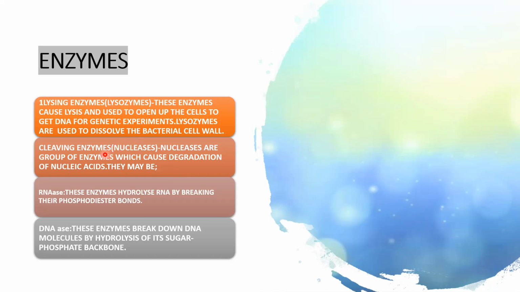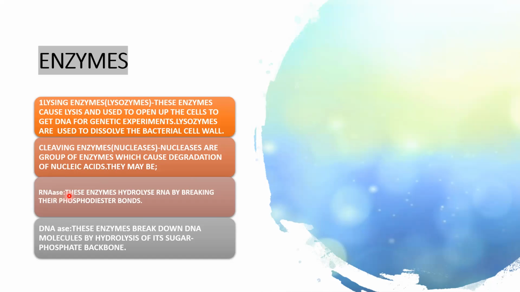Then the second category of enzymes are cleaving enzymes, or we call them nucleases. Nucleases are enzymes which will degrade or act on nucleic acids. Nucleic acids are of two types, RNA and DNA. If these nucleases act on RNA, they are called RNases. So they will break open the single-stranded RNA.